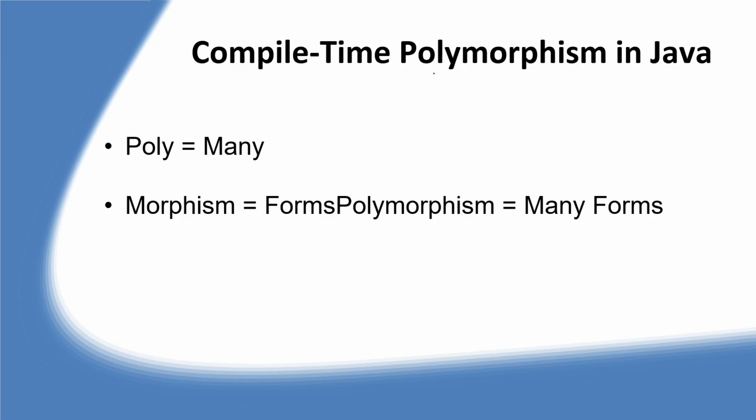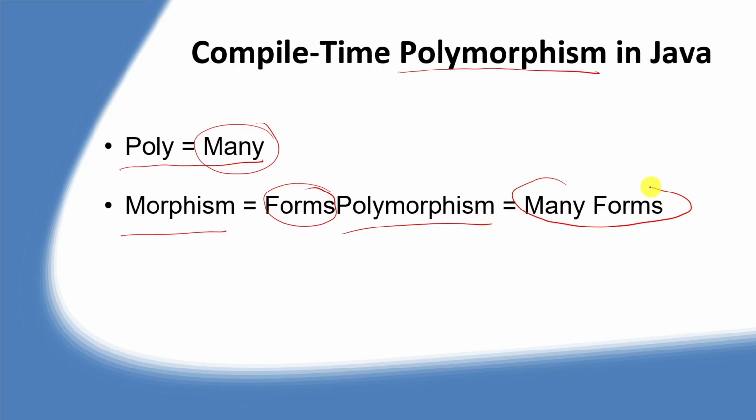So, as we already know, polymorphism. Poly means many. Morphism means forms. So polymorphism means many forms. So there will be one functionality with many forms.